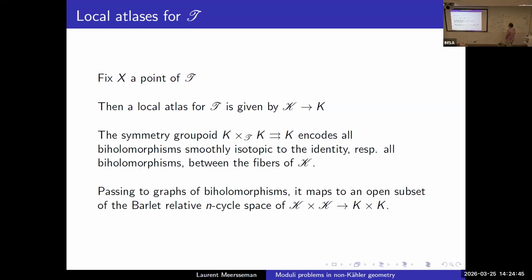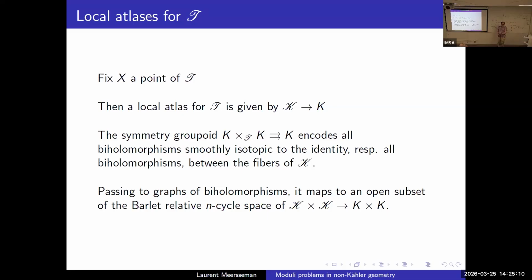So basically, that tells you that if you have a sequence of such graphs, and they are bounded, they stay in a bounded part of the component of the cycle space. If you are in the Kähler situation, they will converge, perhaps up to passing to some subsequence.